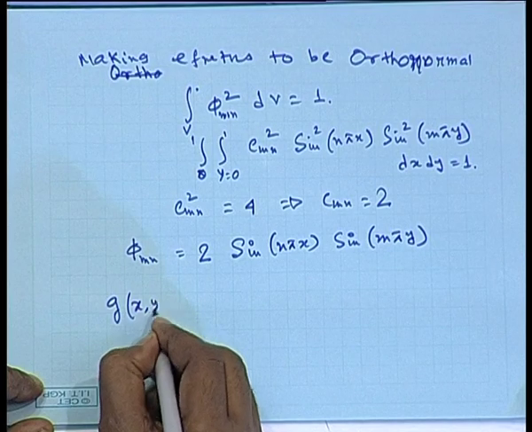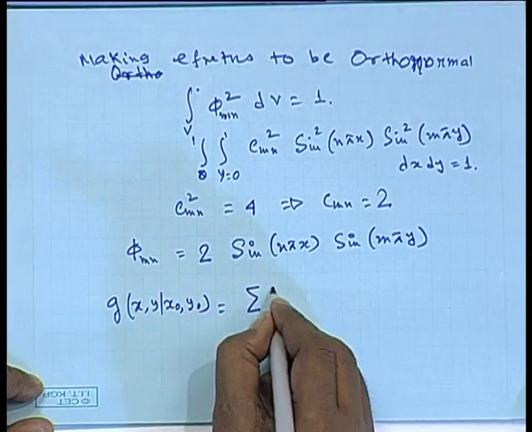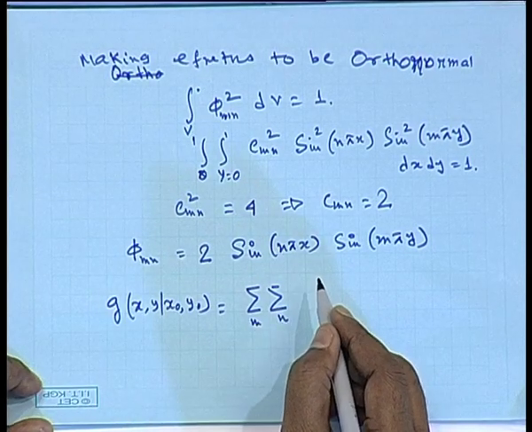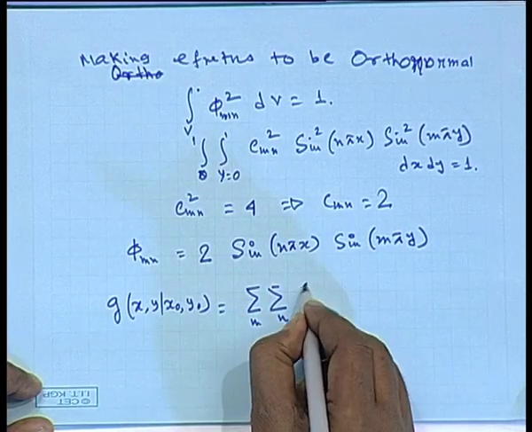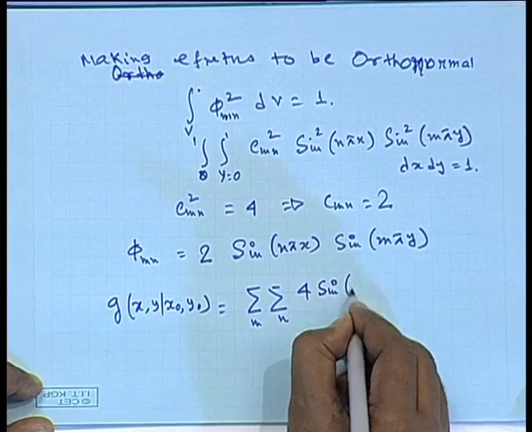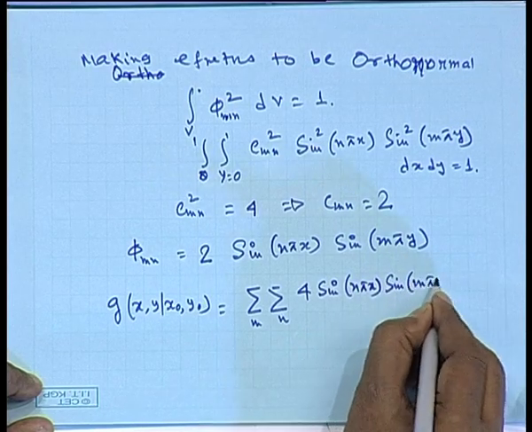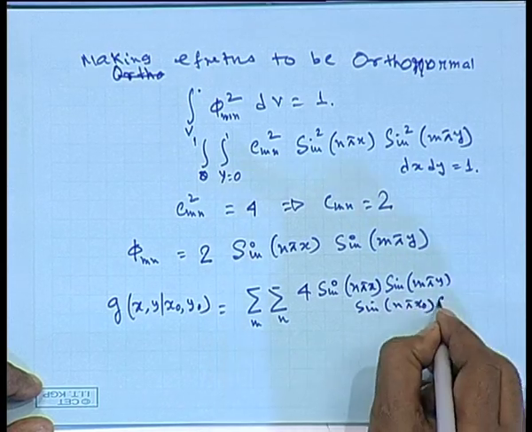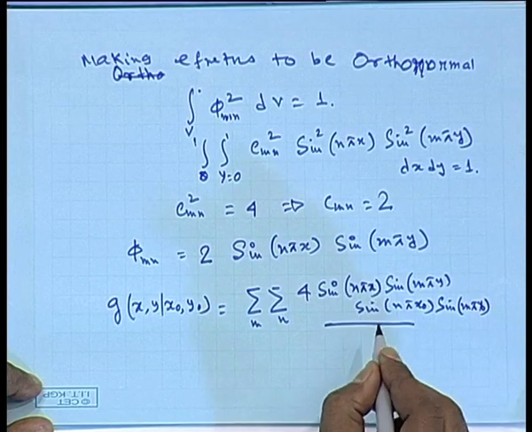G x y x naught y naught is nothing but minus summation of phi m n x naught y naught phi m n x y. So, 2 into 2, 4 sin n pi x sin m pi y sin n pi x naught sin m pi y naught divided by lambda m n.